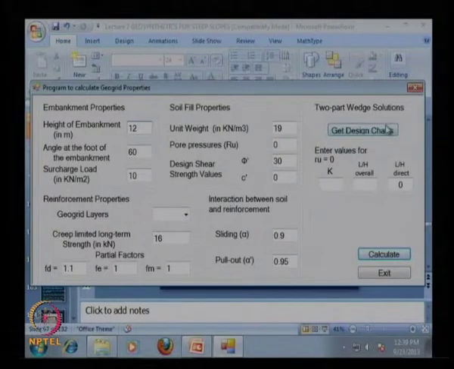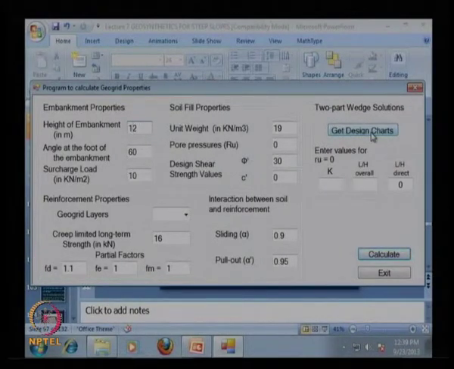So, before you use this, we have to check what data we have to consider for this design of a 12 meter height embankment.